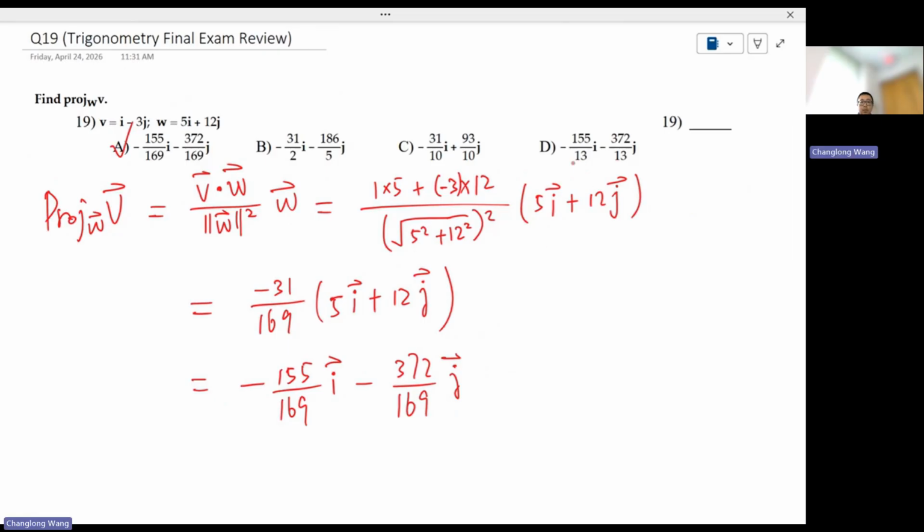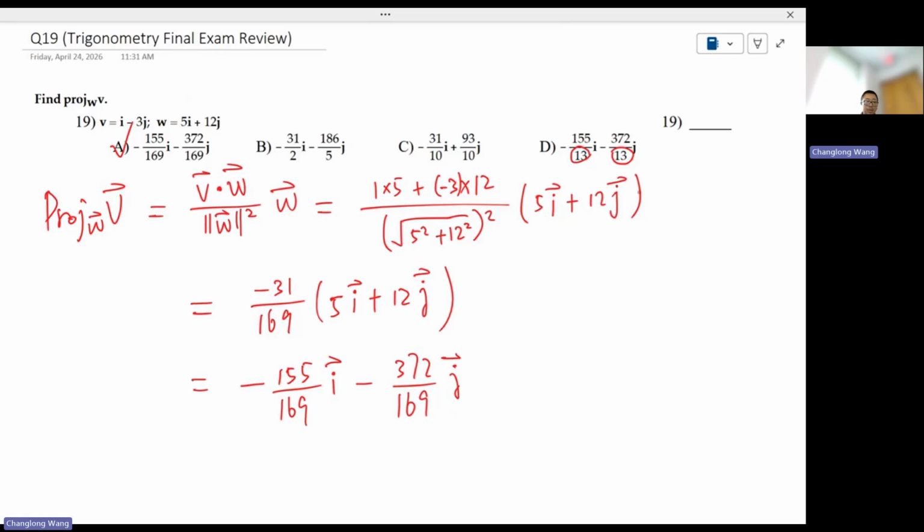Now take a look at letter D. They put 13 there. Do you see why? To distract, and they know that people are going to forget about the square. The square root of 5 squared plus 12 squared is 13.